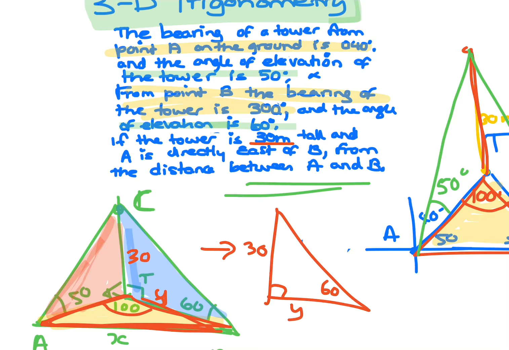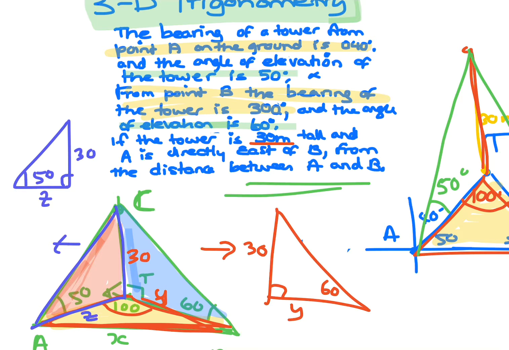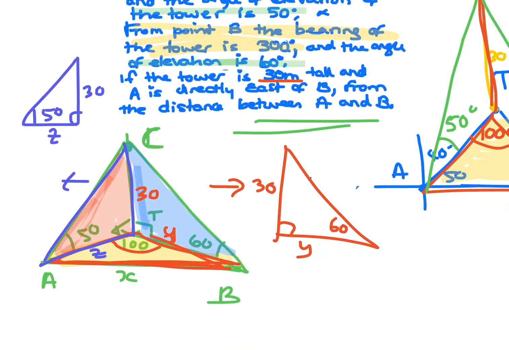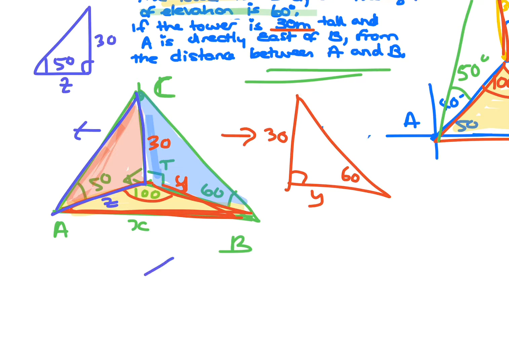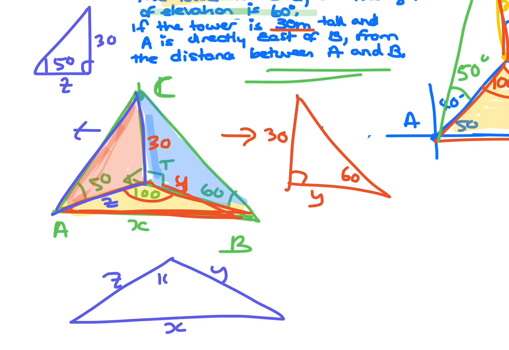And then we get the other triangle, which we draw out like that. That's 30, and we're going to call that Z, and that is 50. We use these two triangles to help us find the sides in this triangle here. We want to find Z and Y, so then we can find X, and that's 100.